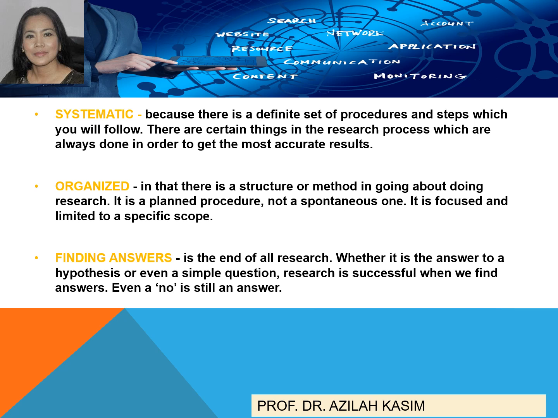We have to do all these preliminary things in order to make sure that our results in the end are not rubbish or as accurate as possible in answering the problem that we have. Yeah, it has to be organized because there needs to be a structure or method in going about doing research. Okay, it is a planned procedure, not a spontaneous one. You don't just do it, but you do it with proper planning.